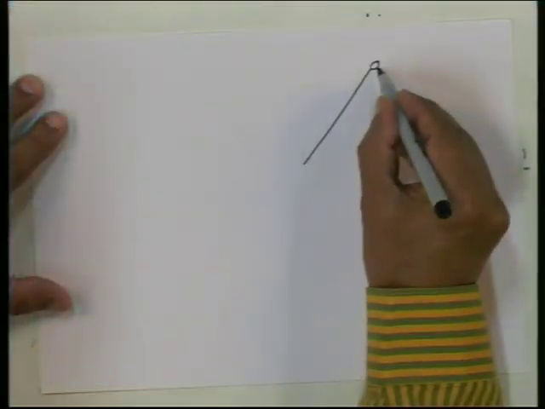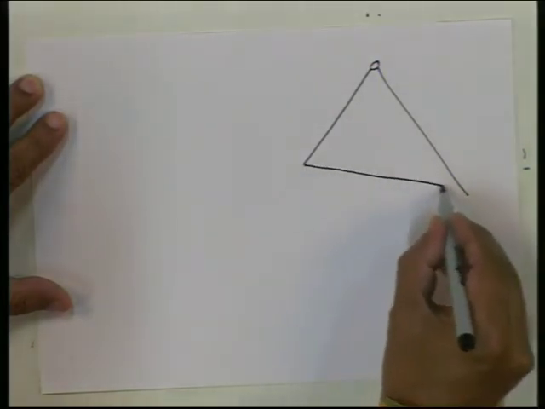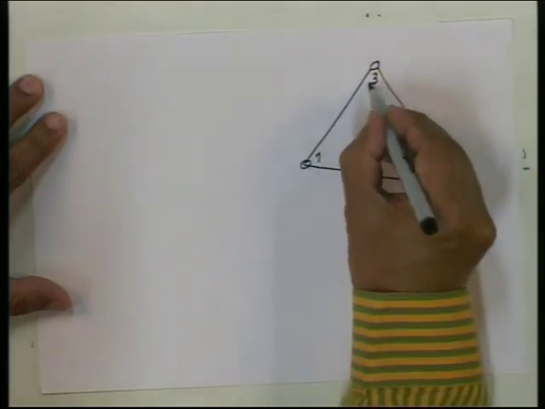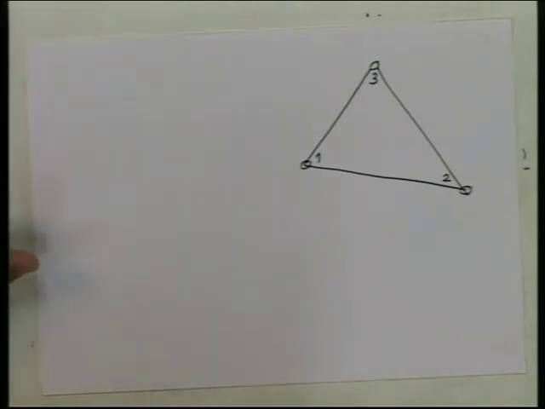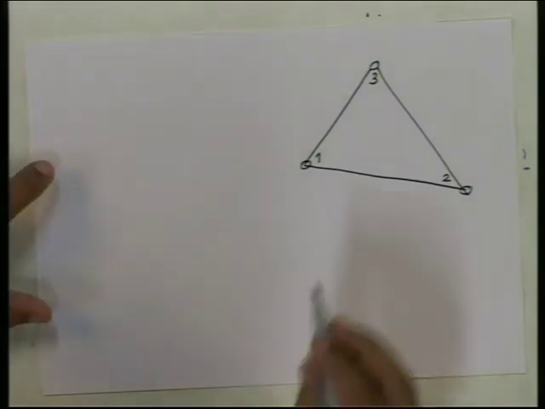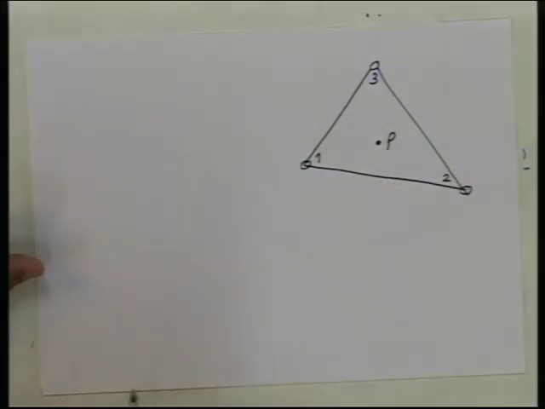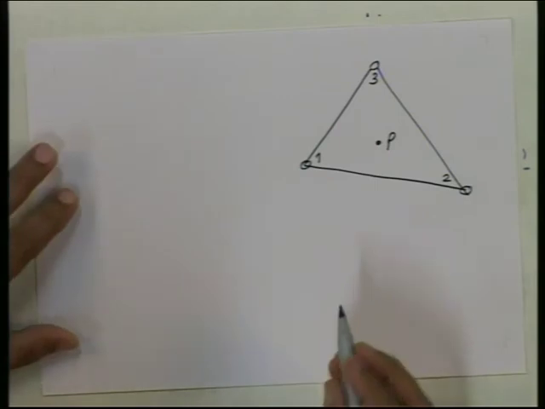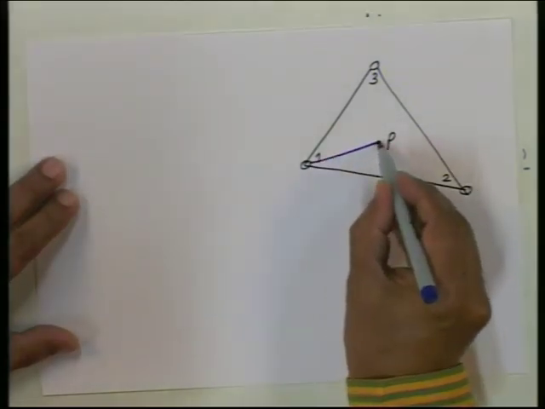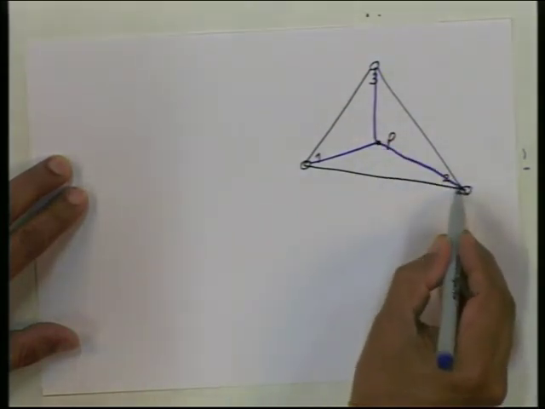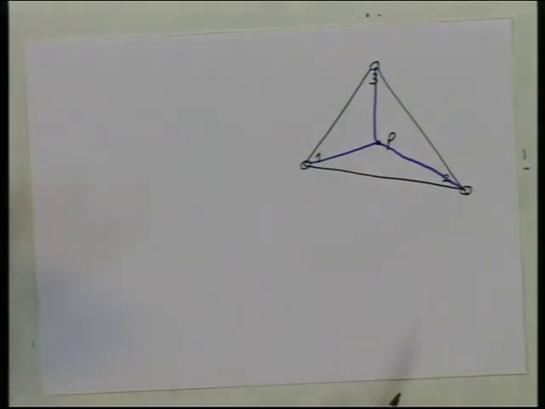So if you have a triangle, and a point P inside this triangle, then if I join all the three vertices to this point P, I get these three triangles out of this one big triangle, 1, 2, 3.